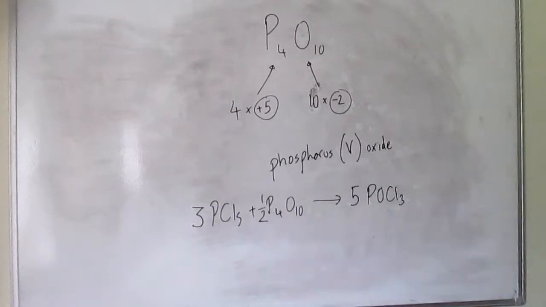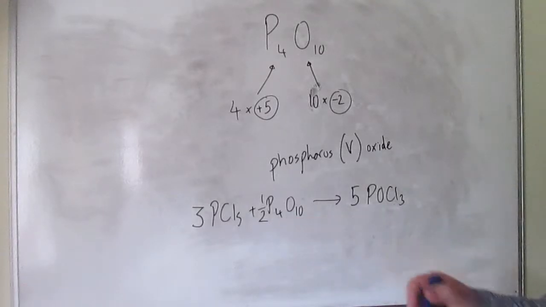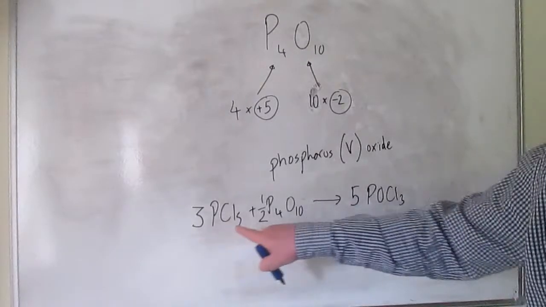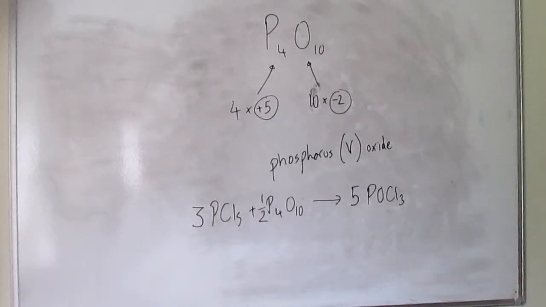And then if we add up the phosphorus, we've got 3 of those, and half of 4 is 2, so 5 phosphorus on the left to balance the 5 on the right. So that's fine. Equally, you could double everything and have 6 of those and 1 of those to give you 10 of those, and that gets rid of the half, so that would be fine as well.